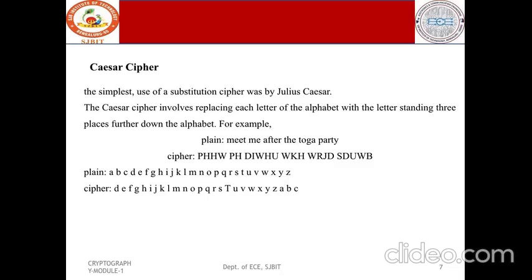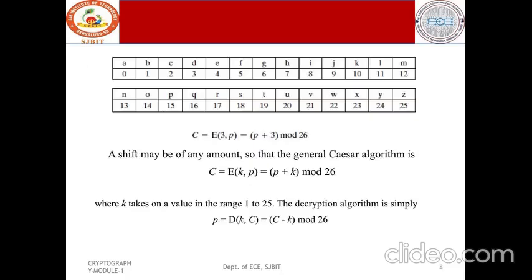Similarly, B is replaced with E, C with F, D with G, E with H, and so on. We can also assign a numerical equivalent to each letter: A is 0, B is 1, C is 2, D is 3, E is 4, and similarly till Z it is 0 to 25.